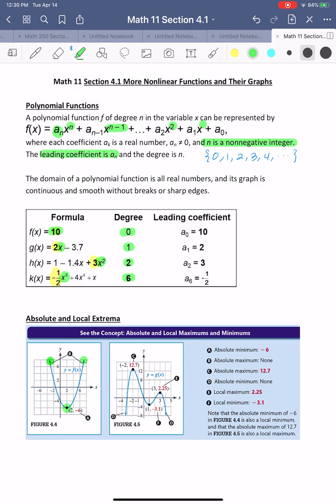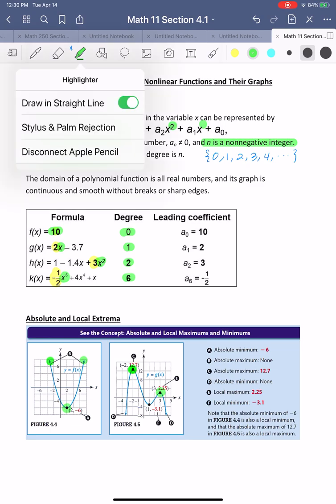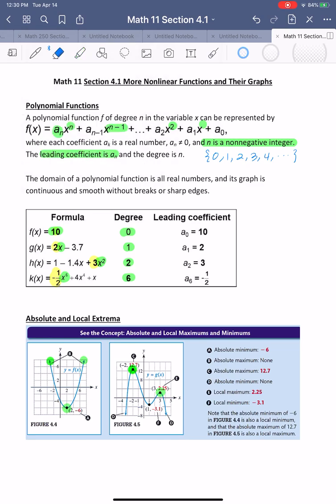In the second graph, this is the highest point, so this is the absolute maximum, but not this one. So this is the absolute maximum.